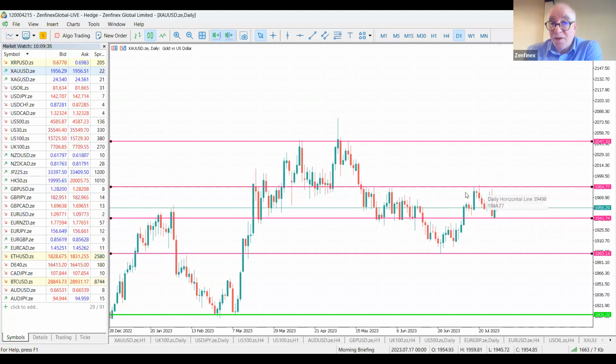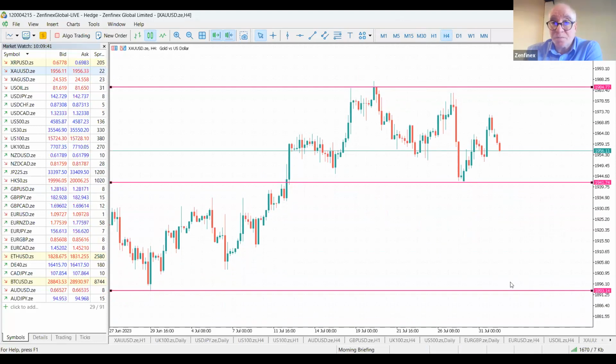Now we're in this range from a daily perspective. So we can go to the 4-hourly, and with our guidelines, our frame, we can start looking at what is happening right now and how we can find potential trading opportunities.